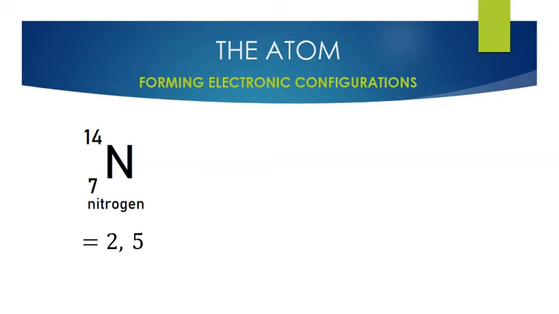Now let's look at another electronic configuration. We'll be looking at calcium in this one. It's a bit tricky if you don't know how to form an electronic configuration. So, like we did for nitrogen, we see if the duplet rule can be satisfied.